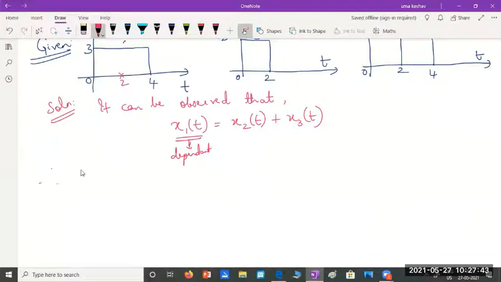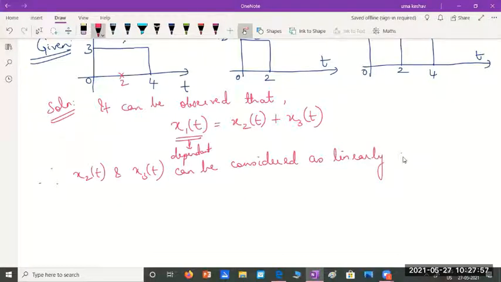You say, therefore, x2 of t and x3 of t can be considered as linearly independent signals.